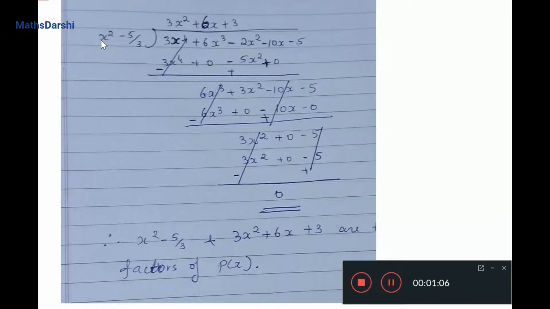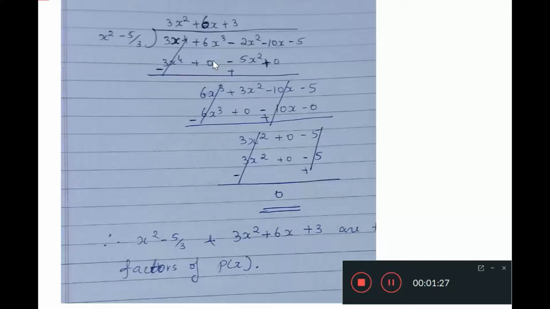When we do that, we get the first part of the quotient as 3x square. We need to multiply 3x square to all the terms of the divisor, and write it down in the second row. So we get 3x square into x square is equal to 3x to the power 4.